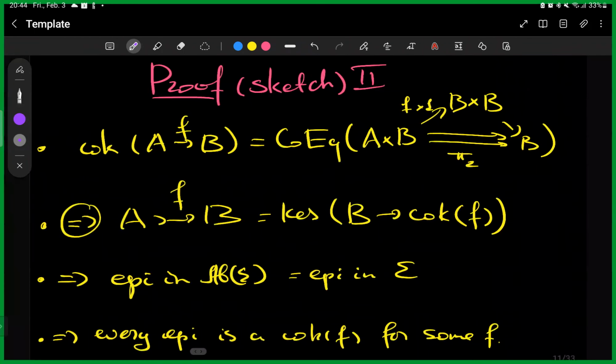Okay, so co-kernels in the category of abelian group objects in E can be computed like this. So we can take co-equalizers of the following pair of morphisms. We take a composite morphism like this, and also we take a projection, and we obtain the co-kernel of a morphism between abelian group objects.